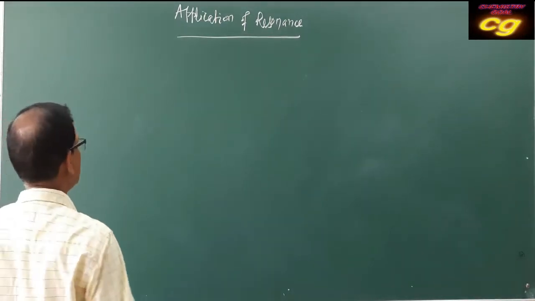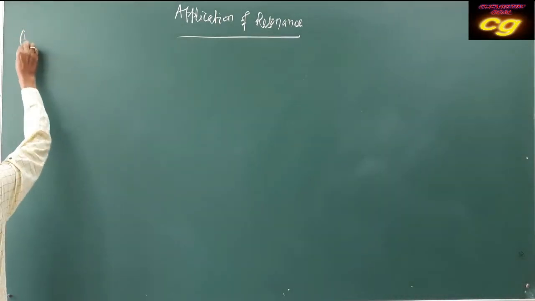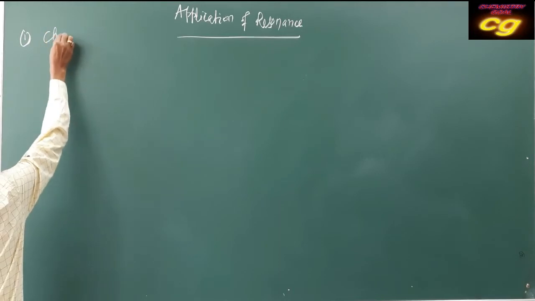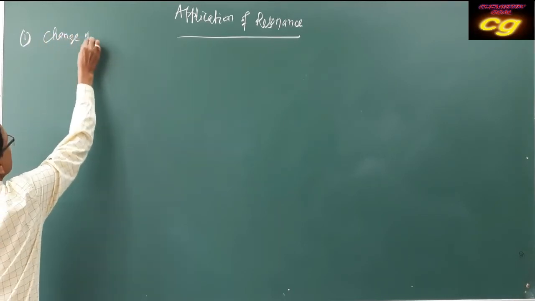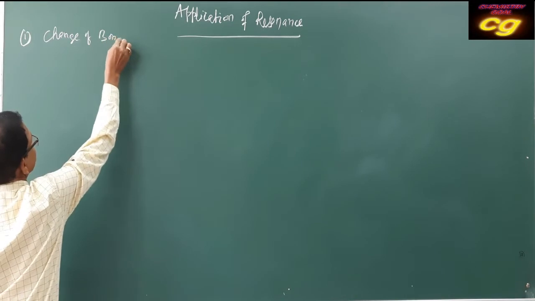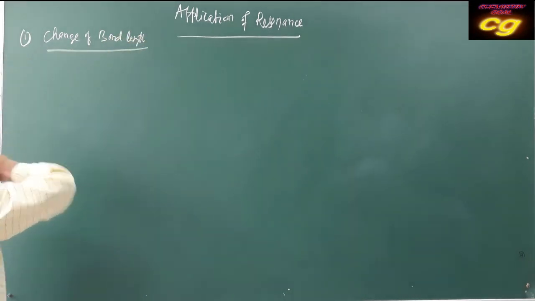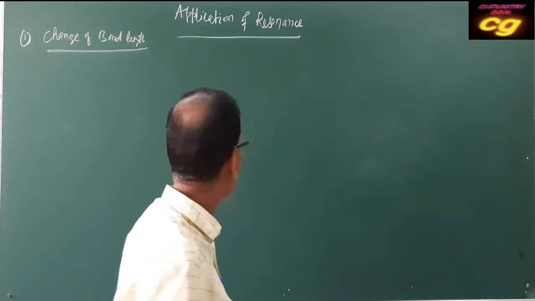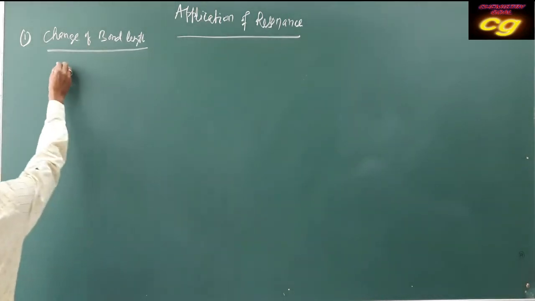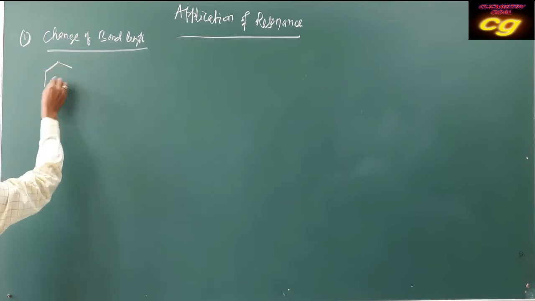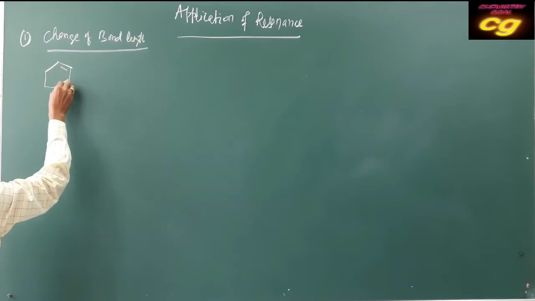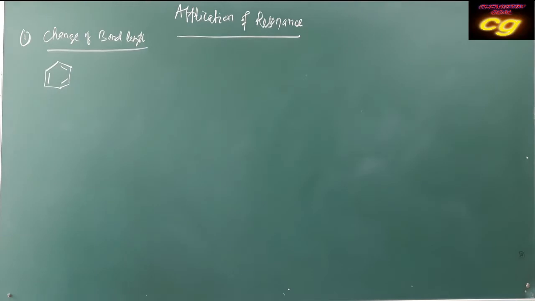First, one important thing: change in bond length. Due to resonance, bond length also changes. How? For example, benzene. If you see the structure of benzene, it has double bonds and single bonds.